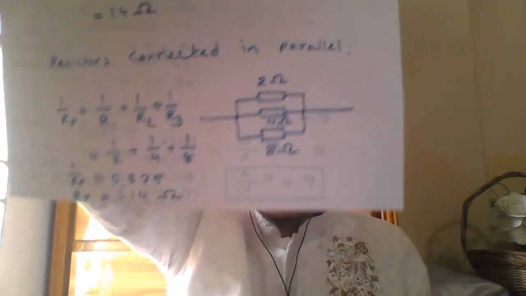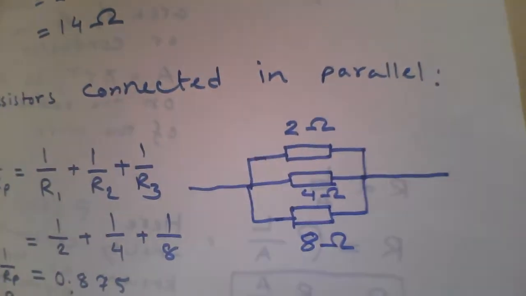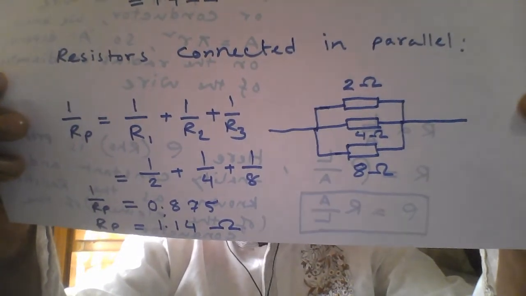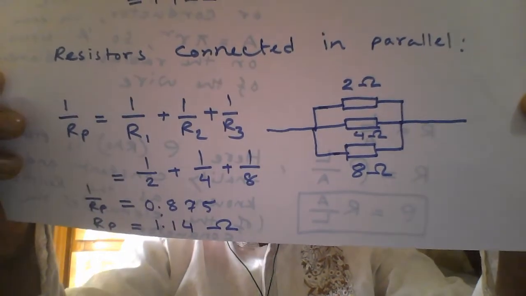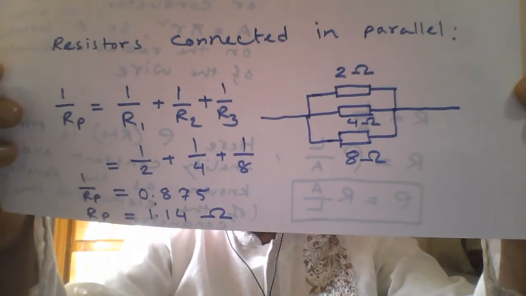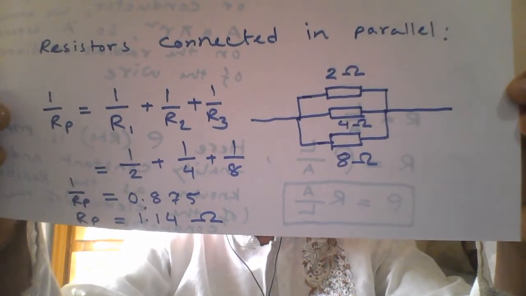And if it is in parallel combination, then we are using another formula, that is you see the formula is 1 by Rp. Rp stands for total resistance in parallel combination. So 1 by Rp equals 1 by R1 plus 1 by R2 plus 1 by R3.